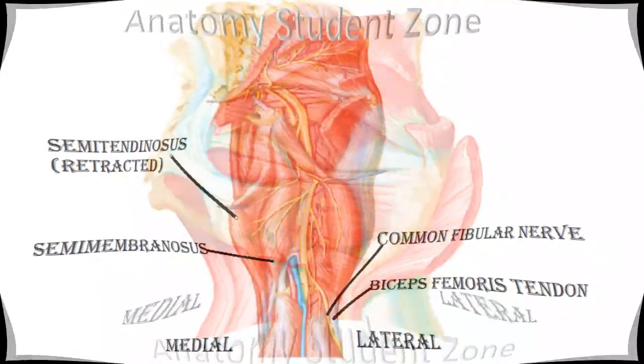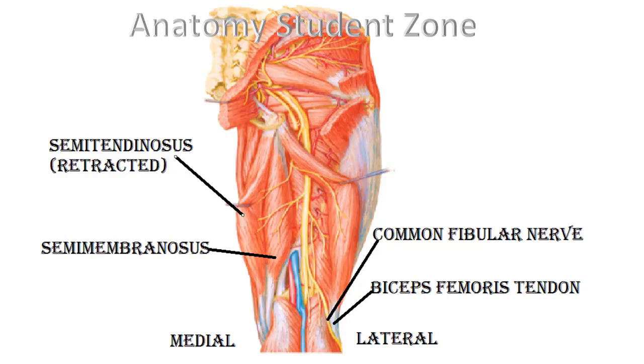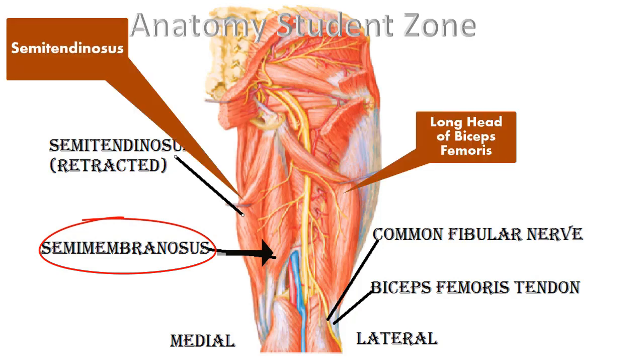Here in the upper part of the thigh on deep dissection, again on the ischial tuberosity, we can observe the tendon of the semimembranosus muscle as well. But please remember, this muscle will be deep to the long head of biceps femoris and semitendinosus. First you have to remove gluteus maximus and medius, and then semitendinosus.